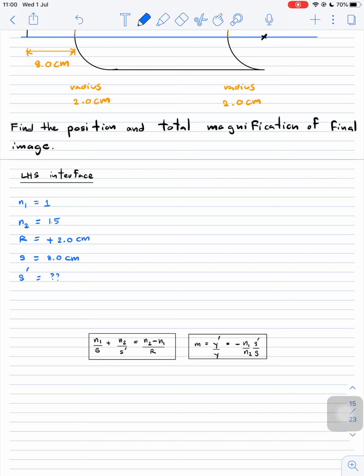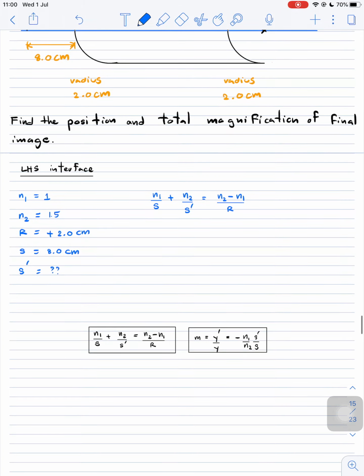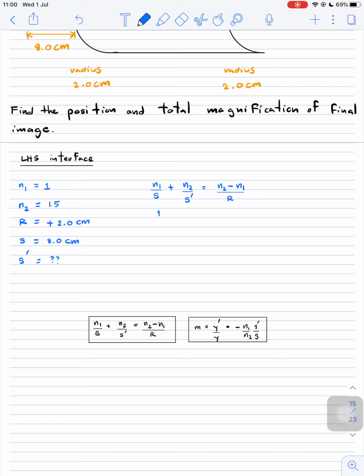Okay, let's use the equation n1 over s plus n2 over s prime equals n2 minus n1 over R. Plug in the numbers. We have 1 over s, 8.0 centimeters, plus n2, just 1.5, over s prime.